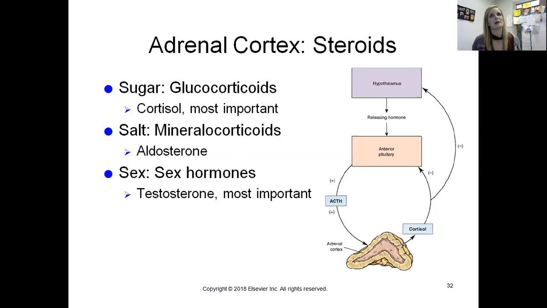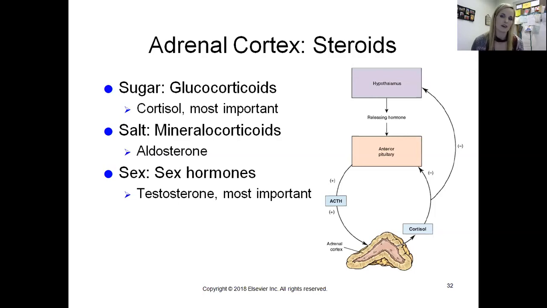So a really good way to remember cortisol and its ability to do that process is remember that we sometimes purchase cortisone or hydrocortisone over the counter when we have some type of rash. When we put hydrocortisone cream on our body, that's exactly what it does. It decreases the pain, it decreases that inflammation that we have on that rash, and that's because of the containing of cortisol. So that's what we're looking at there.